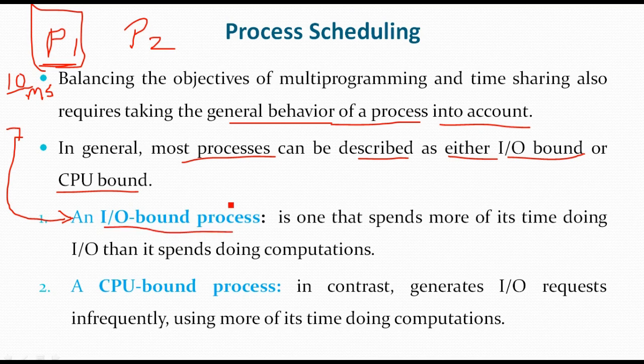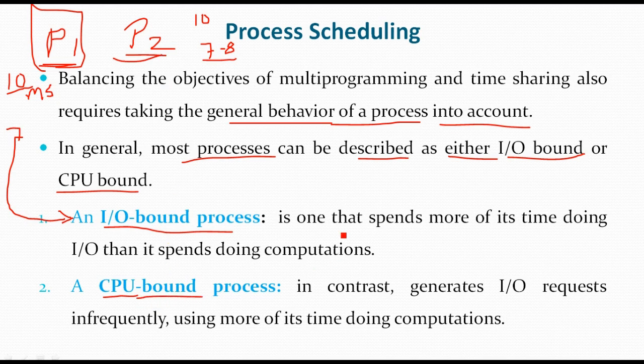Taking the same time for P2 also, 10 milliseconds, but 7 or 8 milliseconds, this is just an example, P2 spends being executed in the CPU, and the remaining 2 to 3 milliseconds it performs IO operation. Then this P2 is called a CPU bound process.